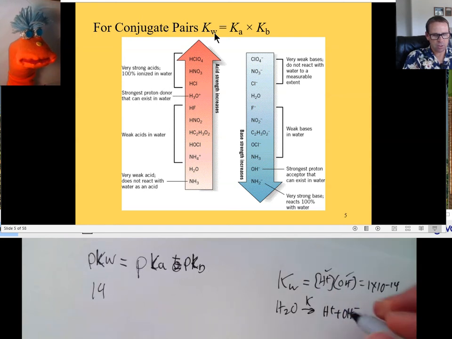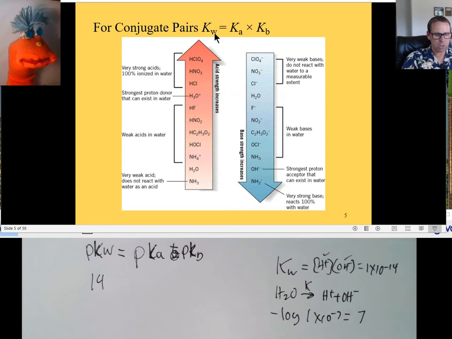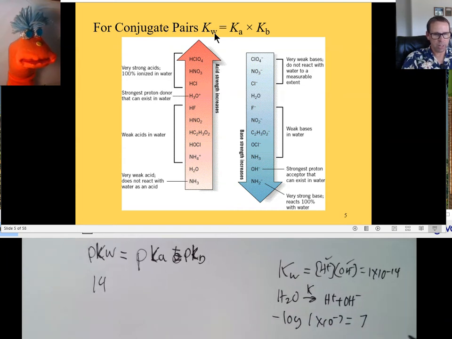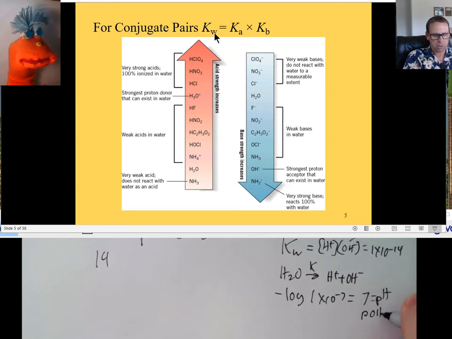The concentrations of these then are 1 times 10 to the minus 7. The negative log of 1 times 10 to the minus 7 equals 7. So that's why pH of water all by itself is always 7. The pOH is also 7, equals the pH there.